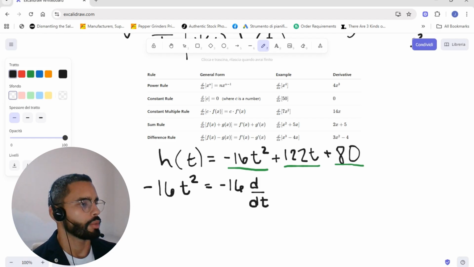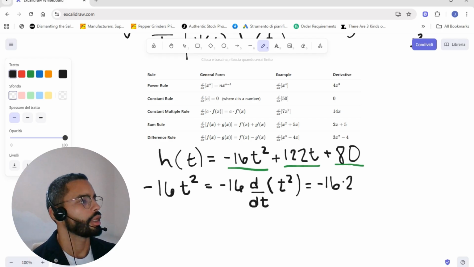But in this case, we're taking the derivative with respect to t, so we write d of dt. All right, perfect. And you mentioned we take out the negative 16, and that would be derivative with respect to t of t squared. And that is equal to negative 16 times 2.